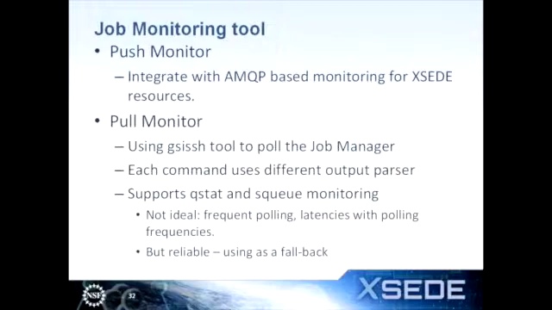So we have done some optimization to make sure that we don't stress the head node too much. With PBS we support qstat, and with Slurm we support monitoring jobs using squeue.